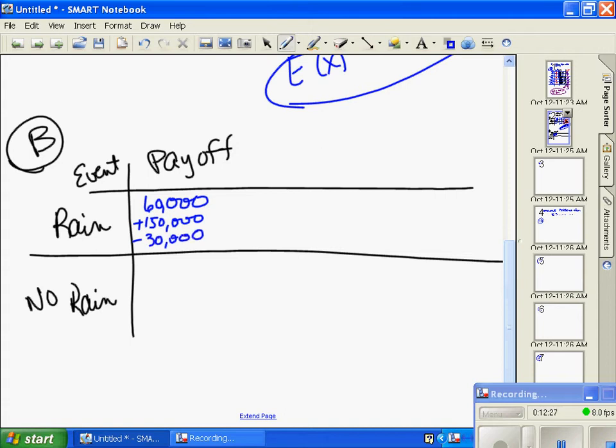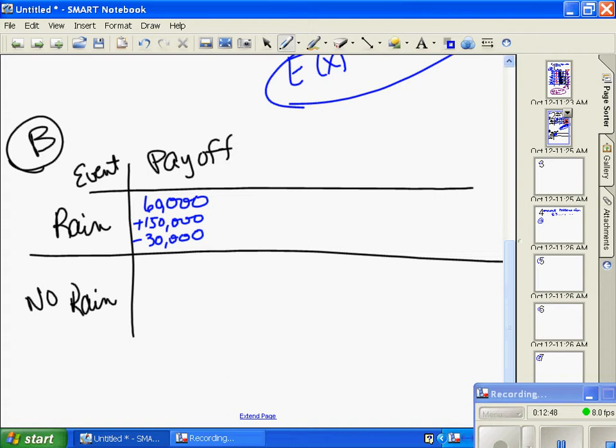Or maybe it's per concert, you have to pay $30,000 for the premium. So let's review that again. You get $60,000 for the profit of the concert if it rains. Since it rained, the insurance company is going to pay you $150,000.